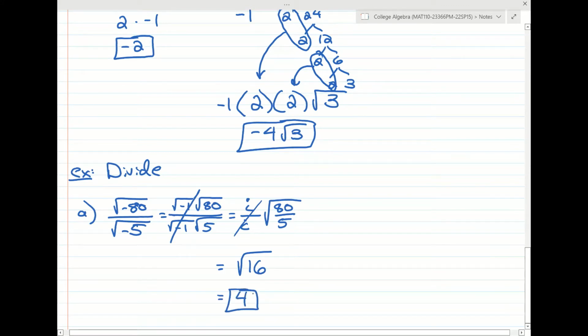Recapping that, in order to multiply two radicals, if the radicands are negative, we have to take out the imaginary number by writing the i. Similarly, if you're dividing two imaginary numbers, we have to take out the i and then just use our properties of radicals.